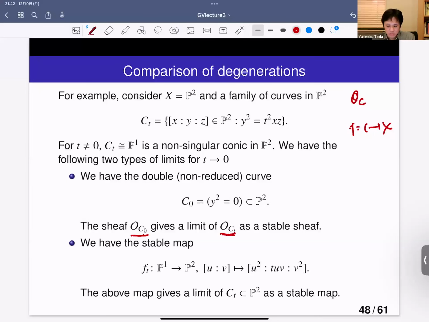But we can also consider the limit as a stable map. That is, we have this map f from P1 to P2, which takes (u, v) to (u^2, tuv, v^2). When t is non-zero, this is an embedding to this non-singular conic. But when t equals 0, this is a 2-to-1 covering over P1.